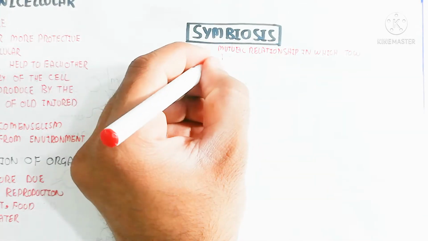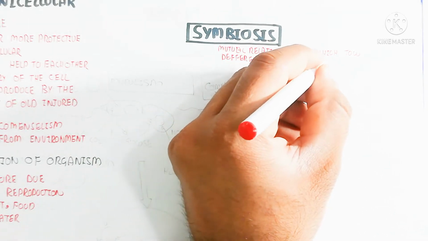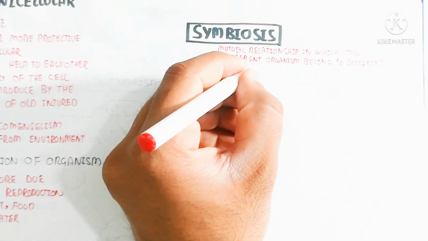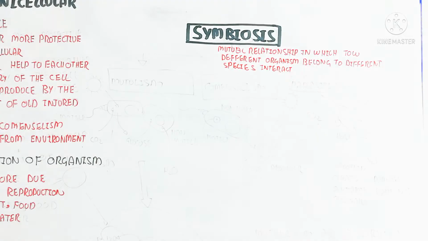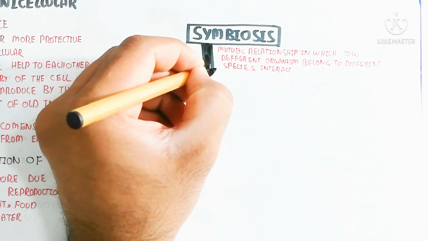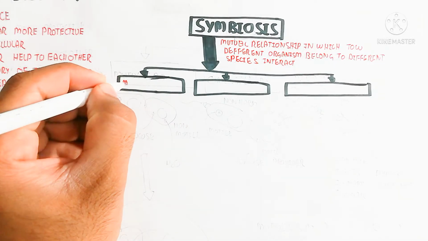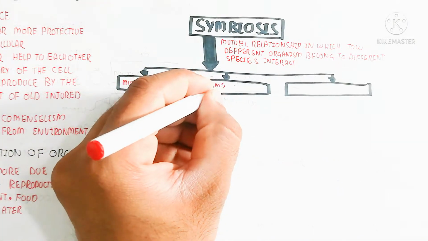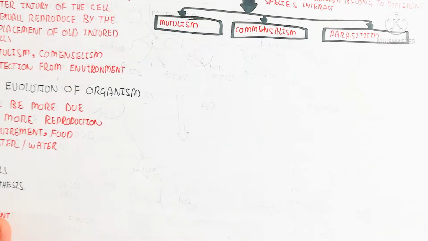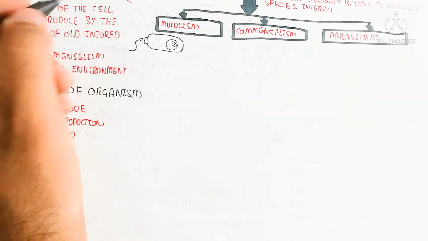So here is symbiosis. It is basically a mutual relationship in which two different organisms, belonging to different species or the same species, interact with each other. The types of symbiosis are mutualism, commensalism, and parasitism. So what is mutualism? First of all, we need to understand that mutualism means two different types of cells belonging to different species, and in this way the different cells benefit each other.